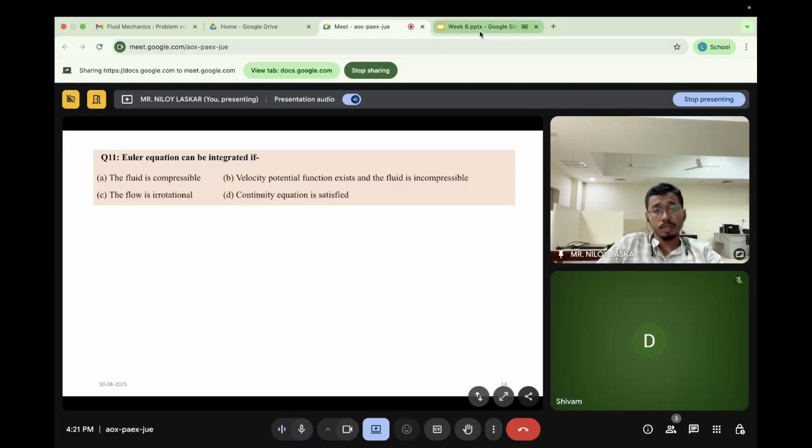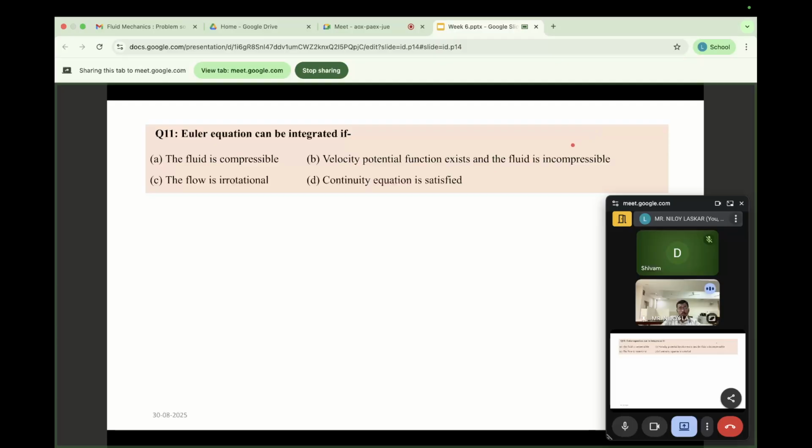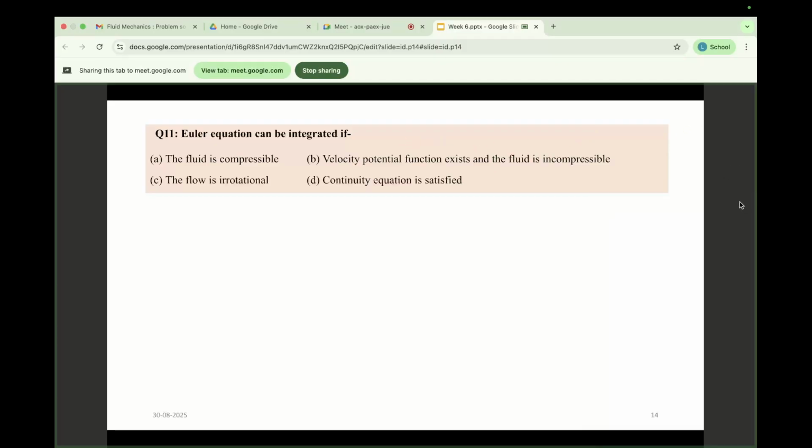So I think I have to solve this one. So let us solve this one. So please have a look.